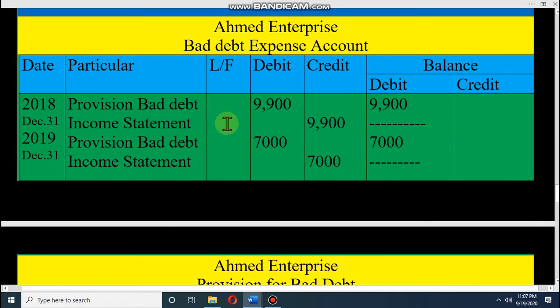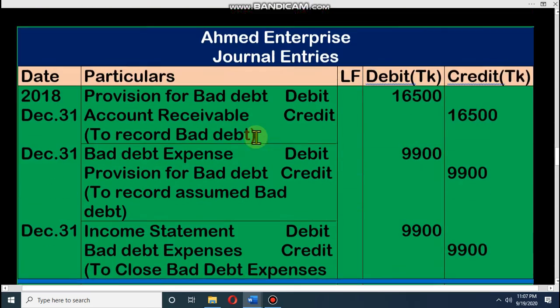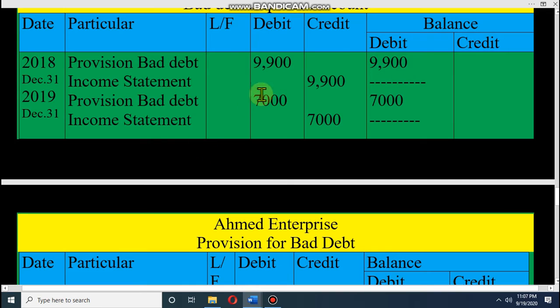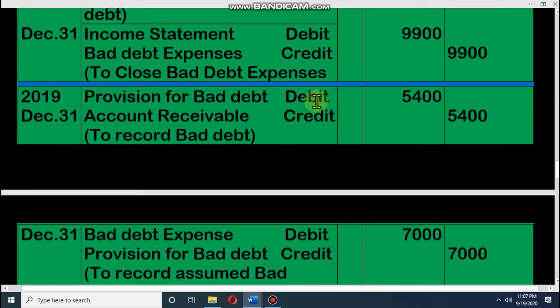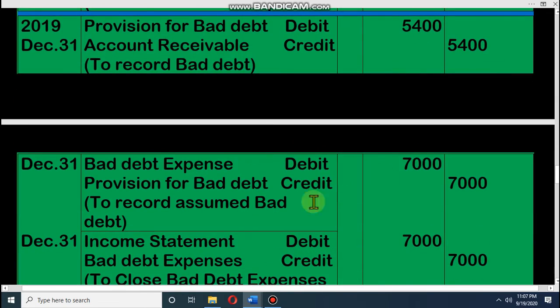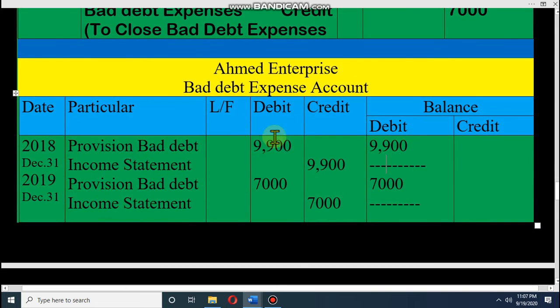If bad debt expense is debit, we write it on the debit side, and here bad debt expense on the credit side. In the math, 9,900 on the debit side and on the credit side, and the balance is 0, because debit 9,900, credit 9,900, balance 0. Next year also the same way: bad debt expenses debit 7,000, bad debt expenses credit 7,000, balance is 0. So bad debt expenses will always show zero balance.